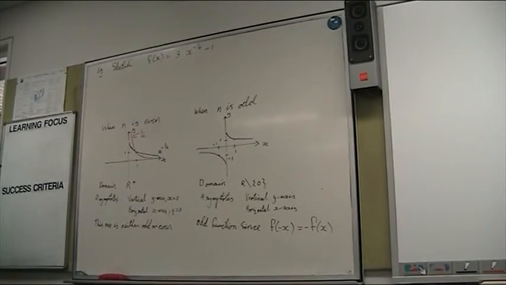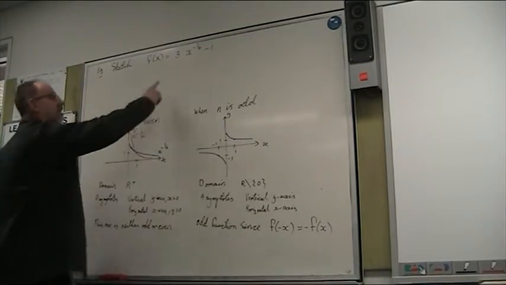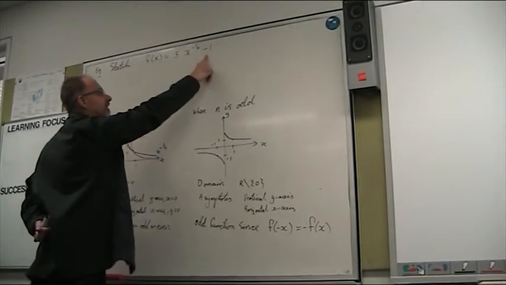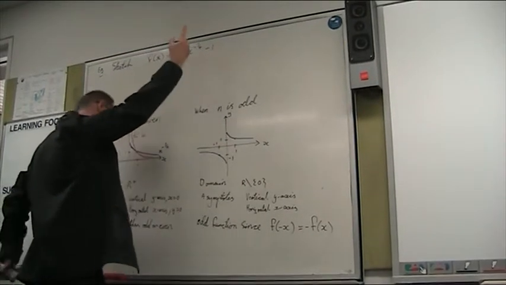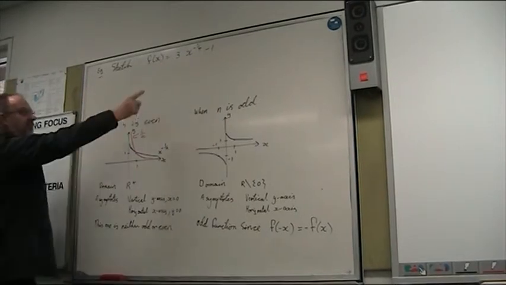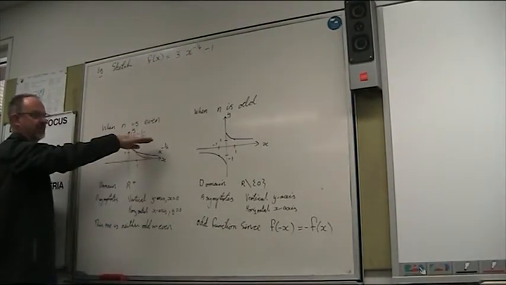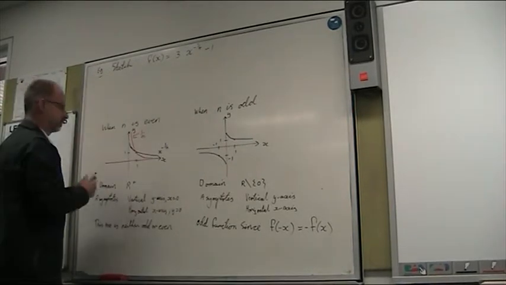So when we sketch this, we do the same kinds of things that we did before. This 3 here would be a dilation, and this would be a translation. Because it's even, it's going to look like this, and it's going to be moved down and stretched.